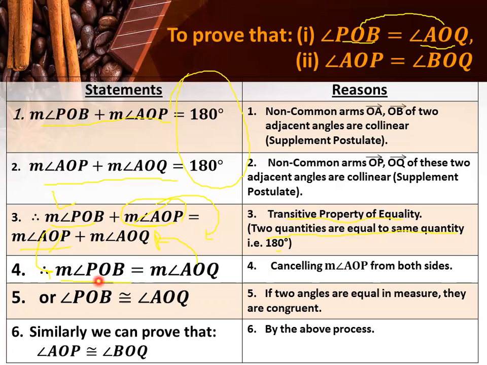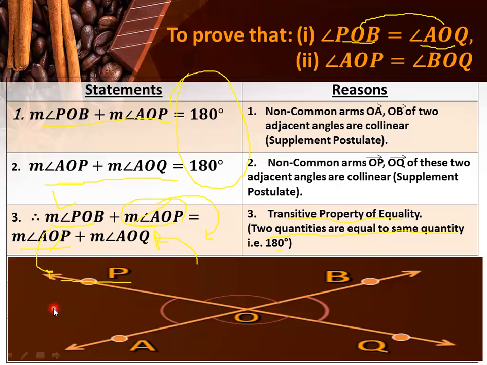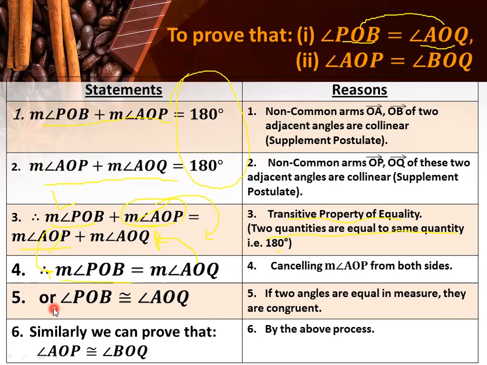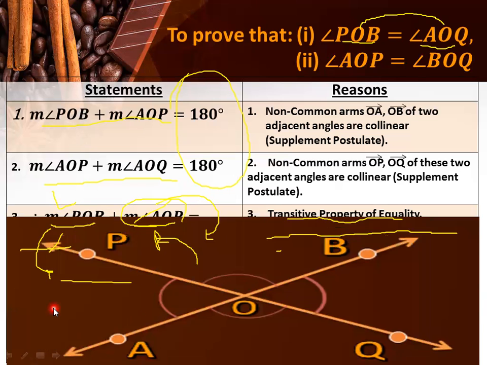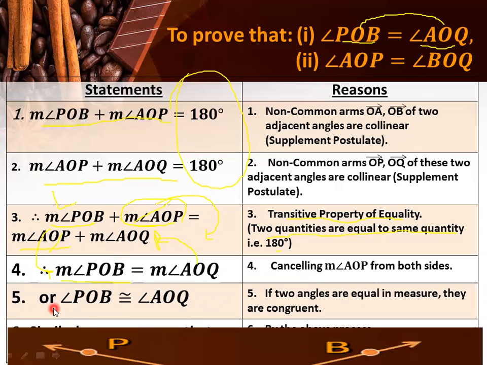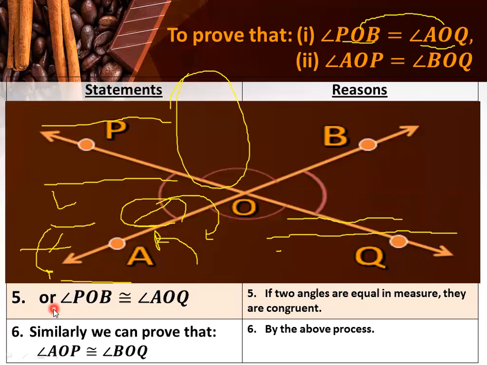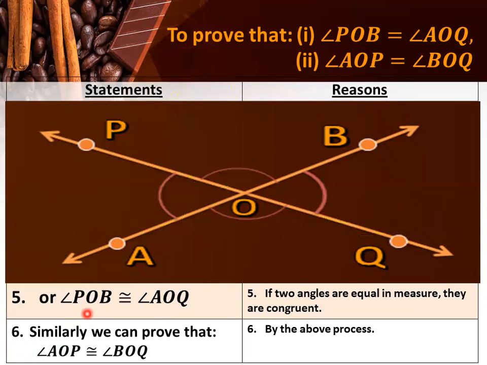So you will simply say that measurement of angle POB, this is angle POB, is congruent, this is the symbol of congruent, to AOQ. Why? If two angles are equal in measure, they are congruent.